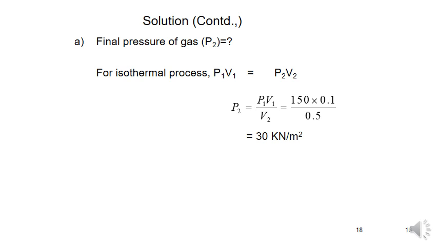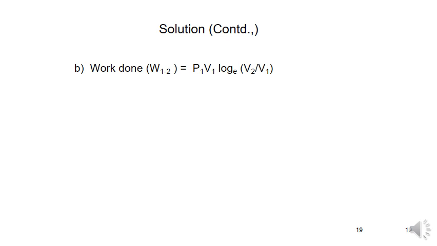And coming to the heat supply or work done. Work done W is equal to P1 V1 log V2 by V1, because it expands isothermally. Expands isothermally means expansion ratio r is equal to V2 by V1. And we know pressures P1 and P2 also, so we can write this equation as P1 V1 log e P2 by P1 also.